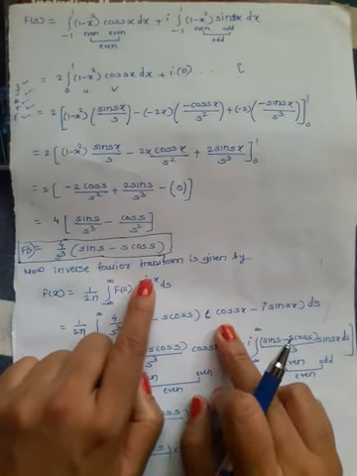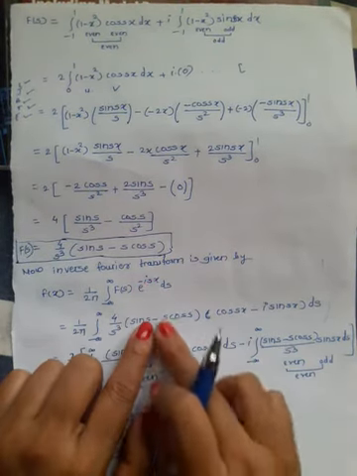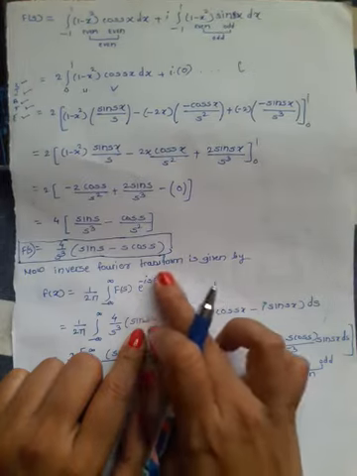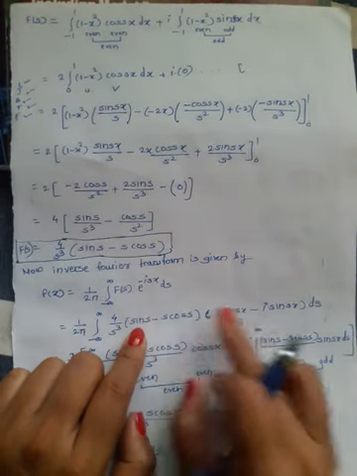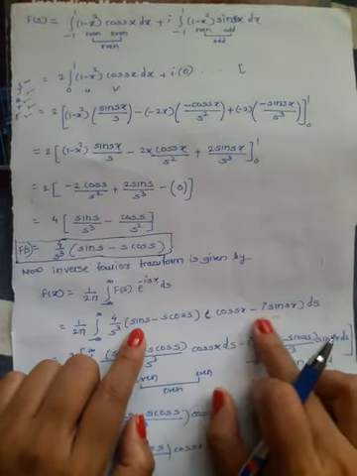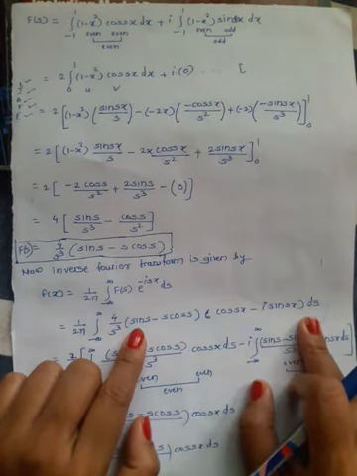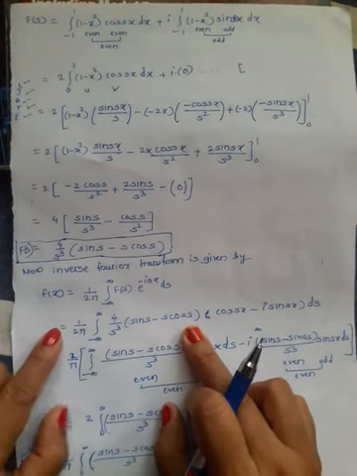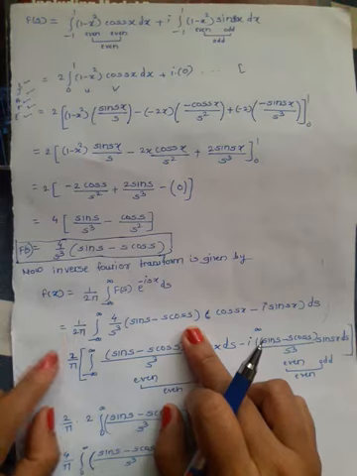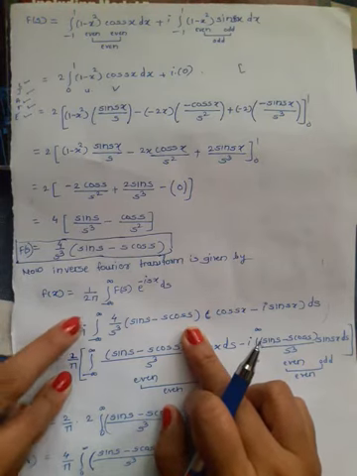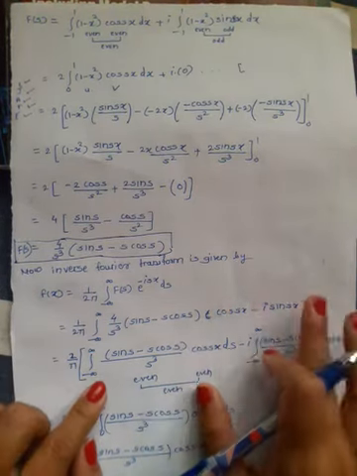You can skip one more step here by directly writing the formula for e raised to minus isx, cos sx minus i sin sx ds. Now take this 4 outside because it is constant, it becomes 2 upon pi, and separate out this integration.